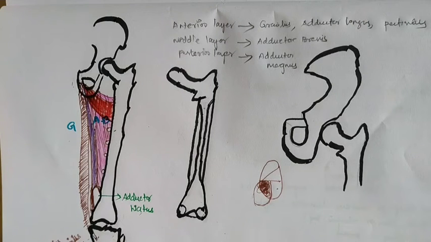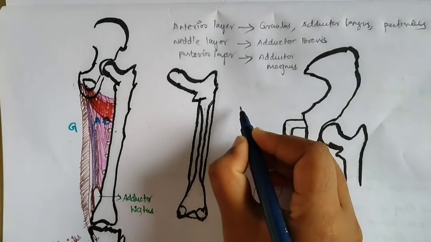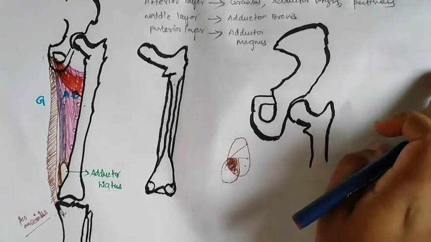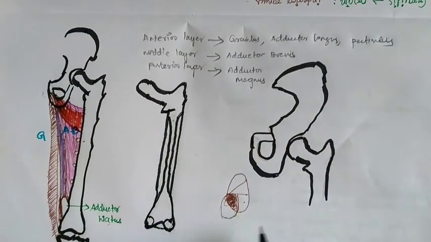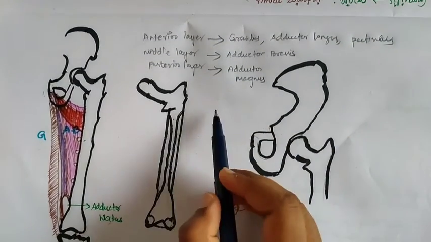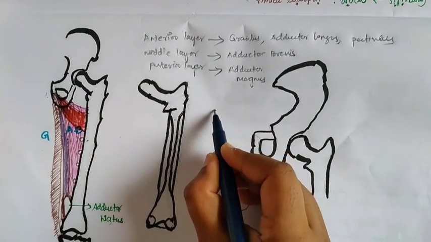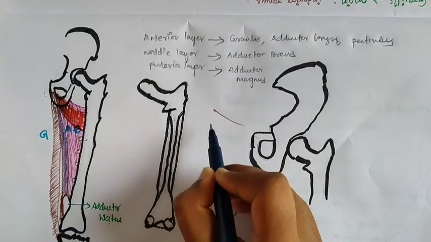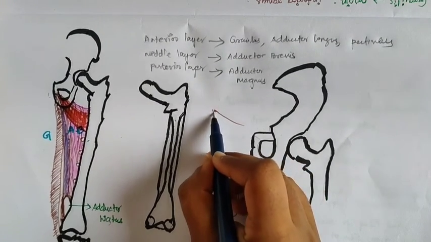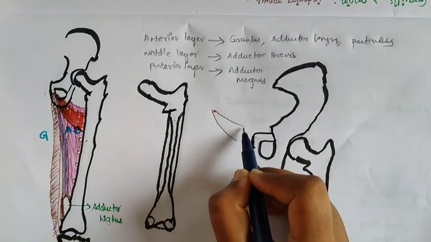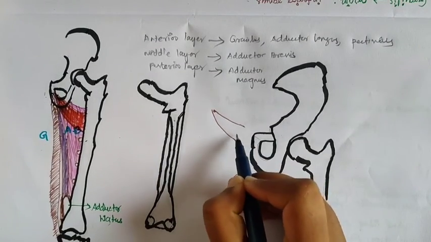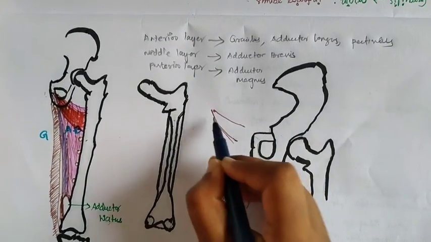Okay, and another thing you want to know: consider this as the adductor brevis muscle.